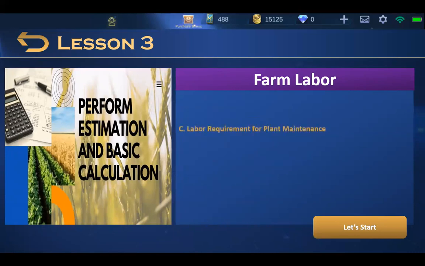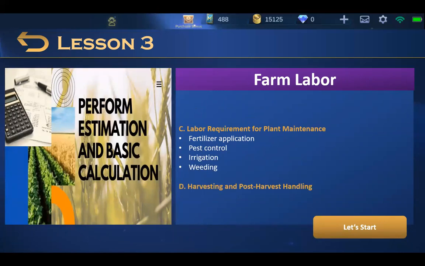Next, we have labor requirement for plant maintenance: fertilizer application, pest control, irrigation, weeding, and the last one, harvesting and post-harvest handling.